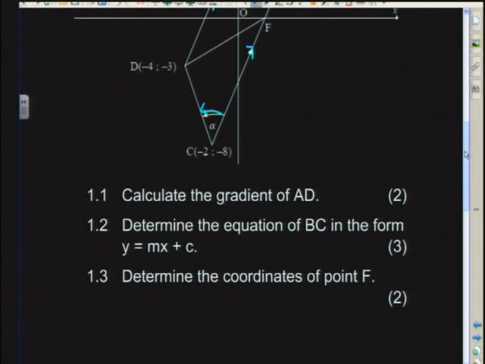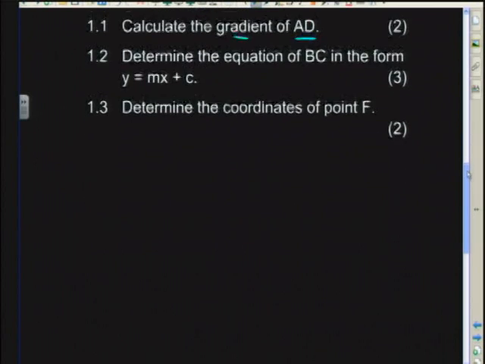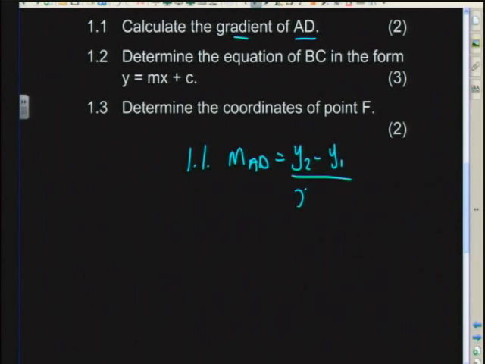First question: calculate the gradient of AD. Remember gradients, you should know that formula really, really well by now. So we're looking at the gradient of AD, and we use the formula y2 minus y1 all over x2 minus x1.